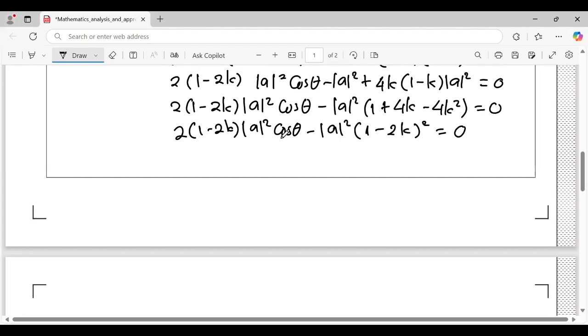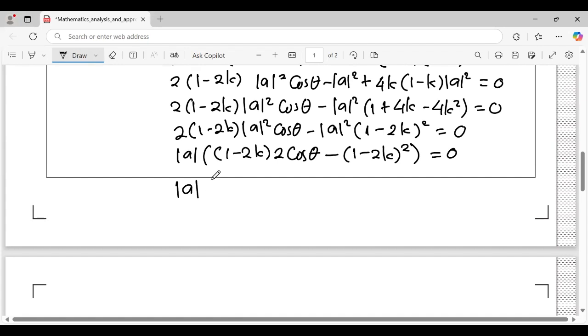If we factorize A, it becomes A times 1 minus 2K, 2 cosine theta minus this, 1 minus 2K squared, equals 0, or modulus A squared.